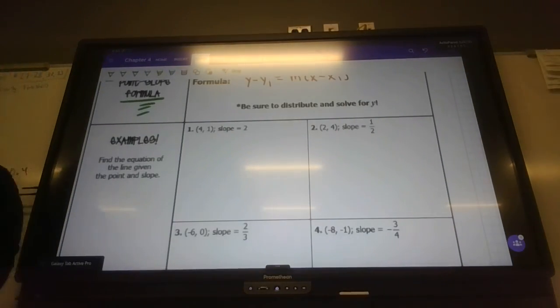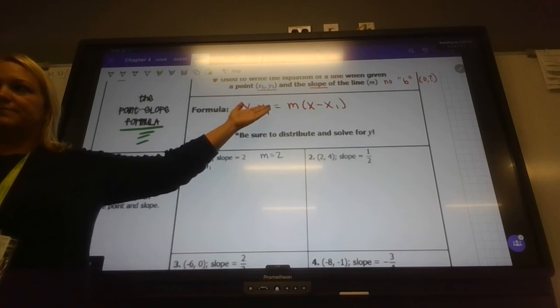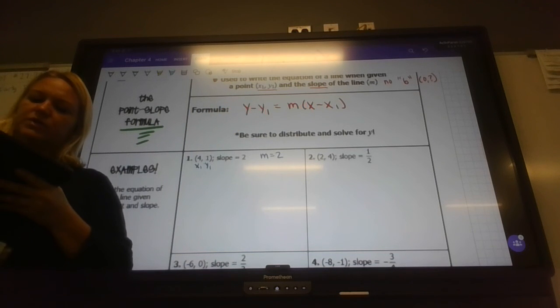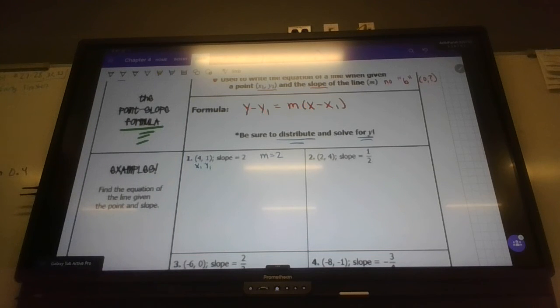Okay. So for example, if they give you this point, we'll label it x1, y1, and they give you this slope, which we know is 2. We're just going to plug right into this, and then we're going to distribute and get y alone.